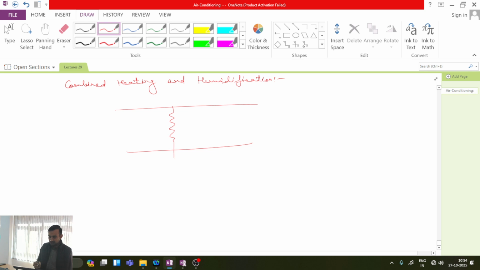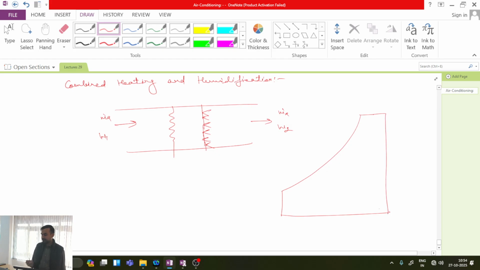You have a heating coil also, you have nozzles also. If I represent this process on a psychrometric chart, how will it appear? This is state point 1. Temperature should increase, humidity should also increase. So it means it will be something like this.